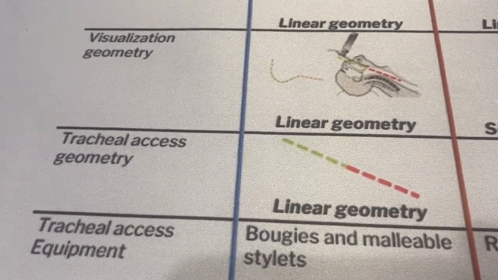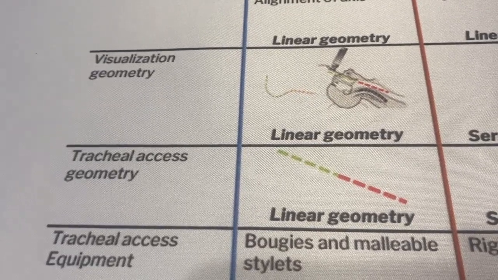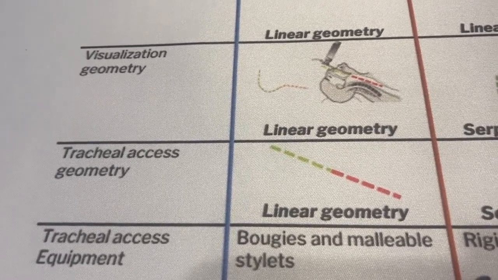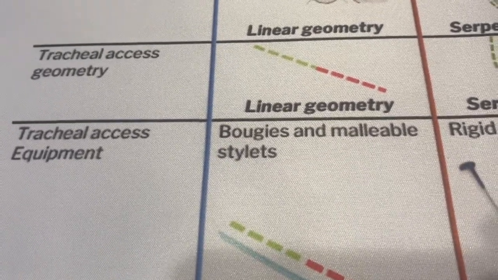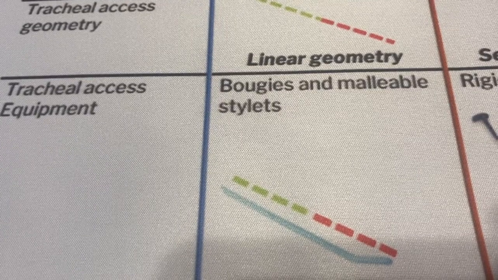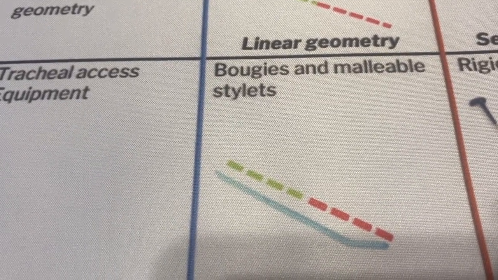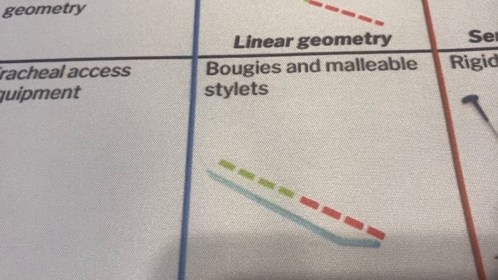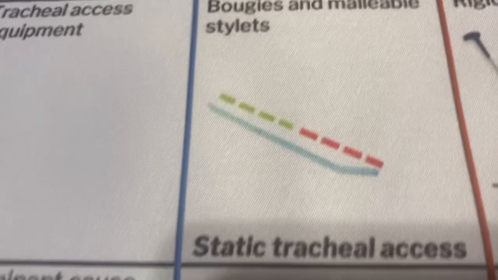So the geometry, we change that serpentine geometry to linear geometry with the direct laryngoscope. Tracheal access equipment are mainly bougies and malleable stylets, and those are designed to use in a line of sight or a straight line linear geometry, and that's tracheal access.